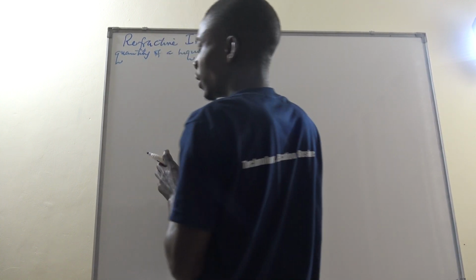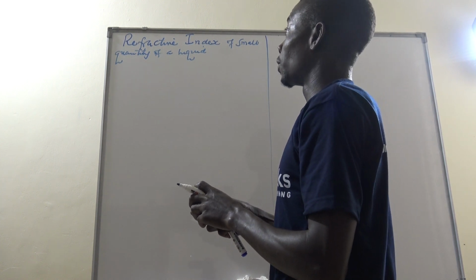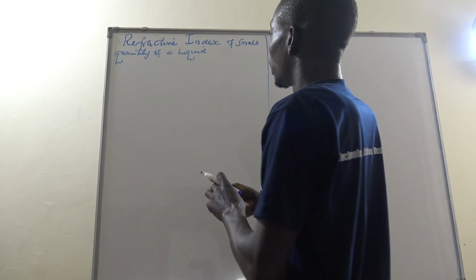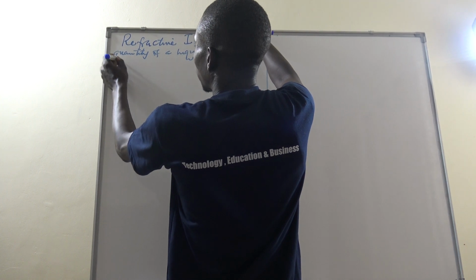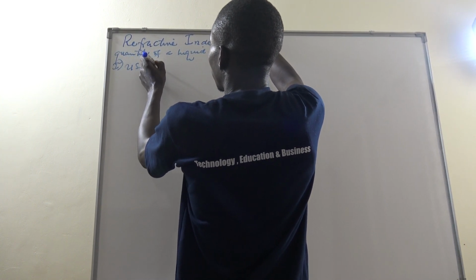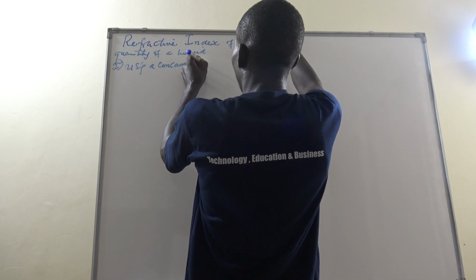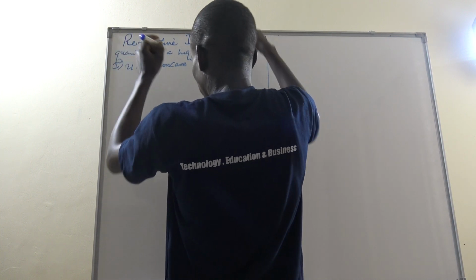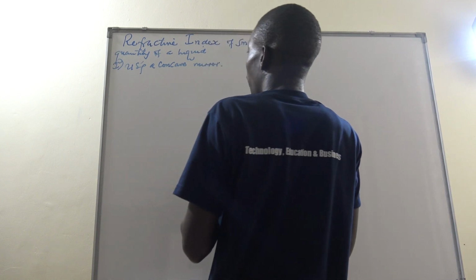Here we are going to first look at the expression for the refractive index of a smaller quantity of liquid, and then we shall look at using a concave mirror. We are first going to determine the expression.